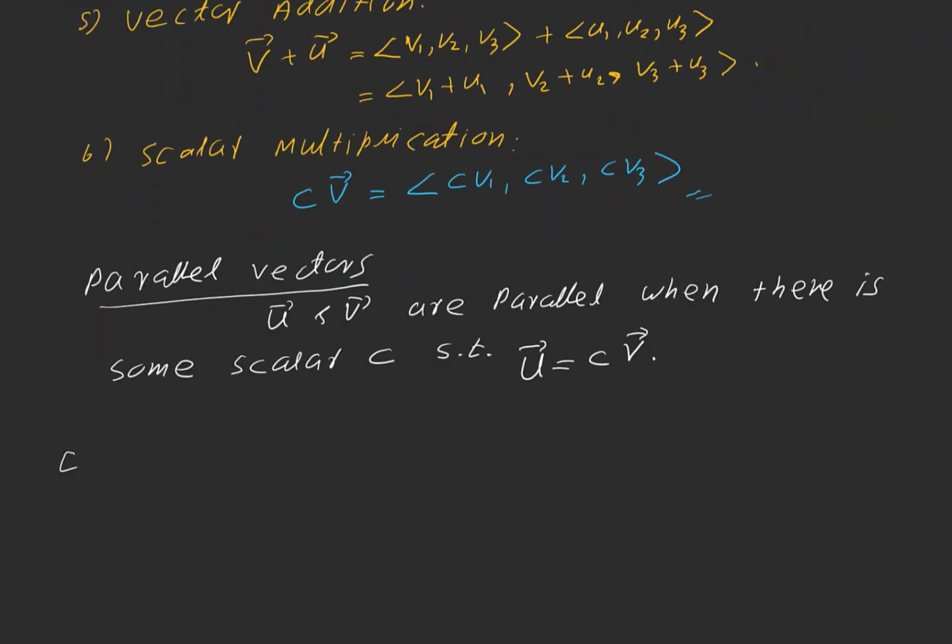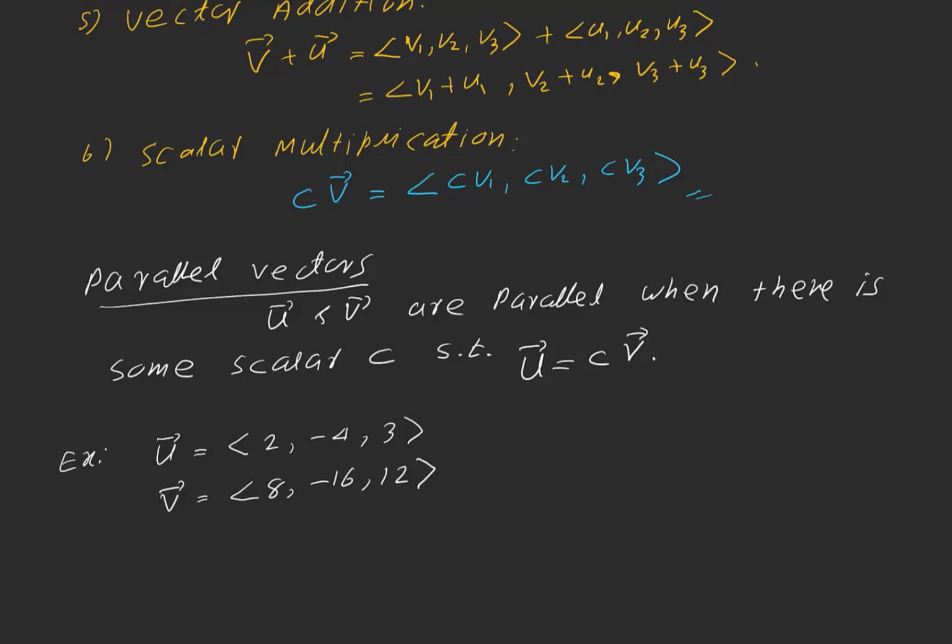Let me explain this. Suppose you have the u vector (2, -4, 3) and the v vector (8, -16, 12).